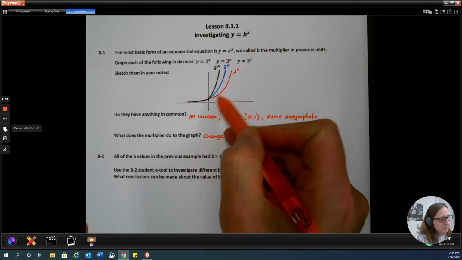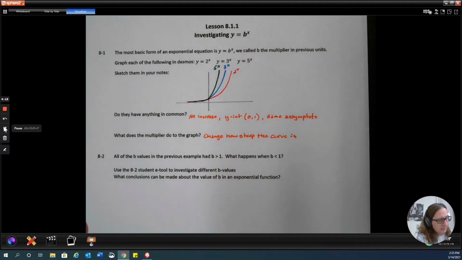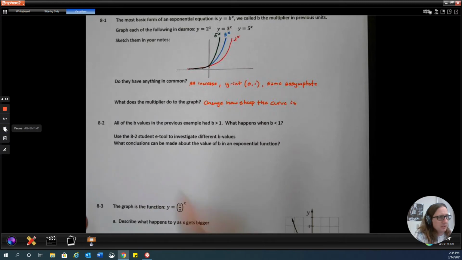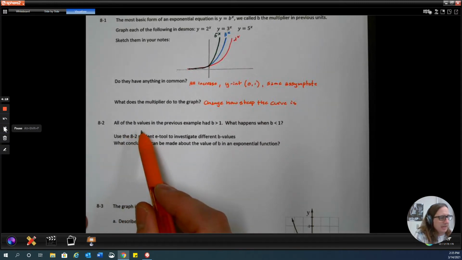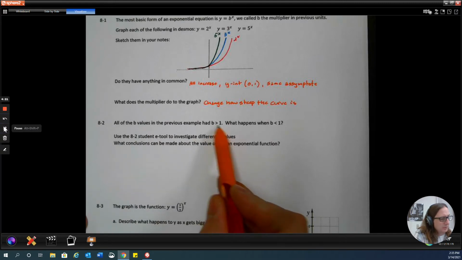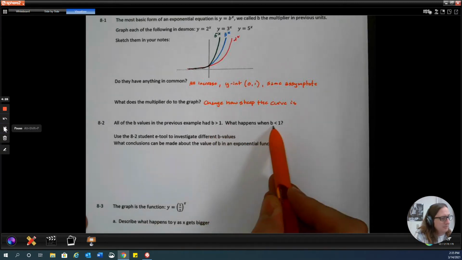The smaller multipliers have a less steep graph on them. Let's go to 8-2. So on this one, we looked at it and all of the b values had a b value that was greater than 1. So we're going to ask ourselves a question, what happens if the b value is less than 1?